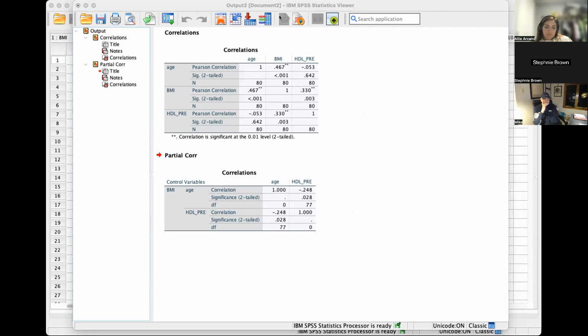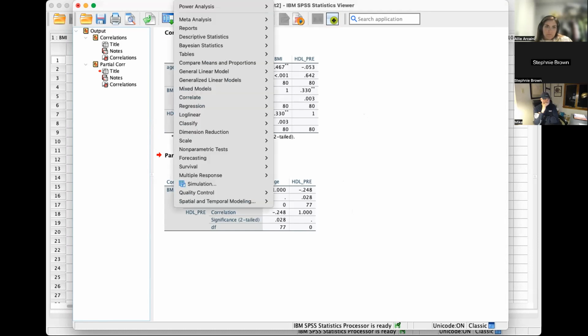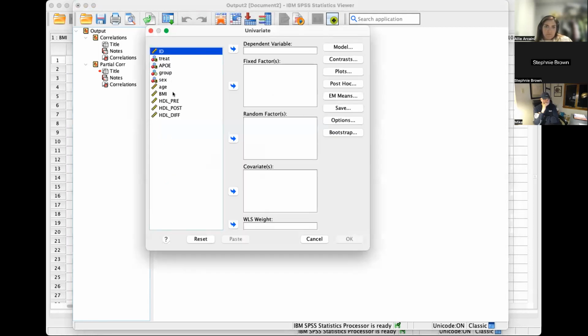So now let's fit our multiple regression model just with these two numeric predictors. General linear model, univariate. Our dependent variable is HDL pre. And we've only got numeric variables, so they go, remember, in the covariates box.